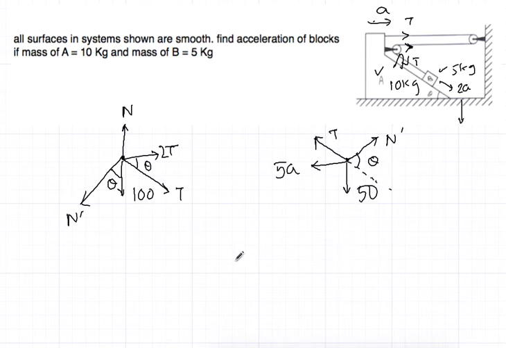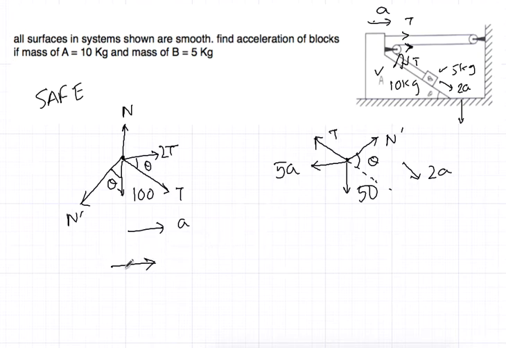These are two free body diagrams of the 10 kg and 5 kg respectively. This body is moving in this direction with an acceleration of 2a, and this body is moving in this direction with an acceleration of a. So let us write the equations. We have decided the system: the 10 kg and the 5 kg. Axes, obviously, we'll take in the directions of motion.